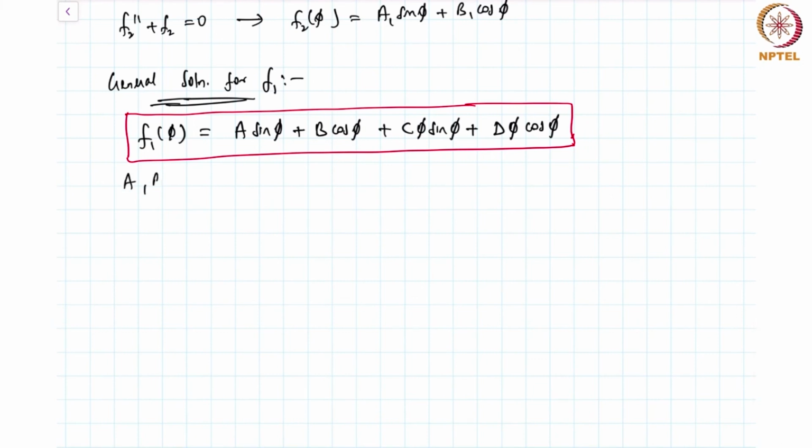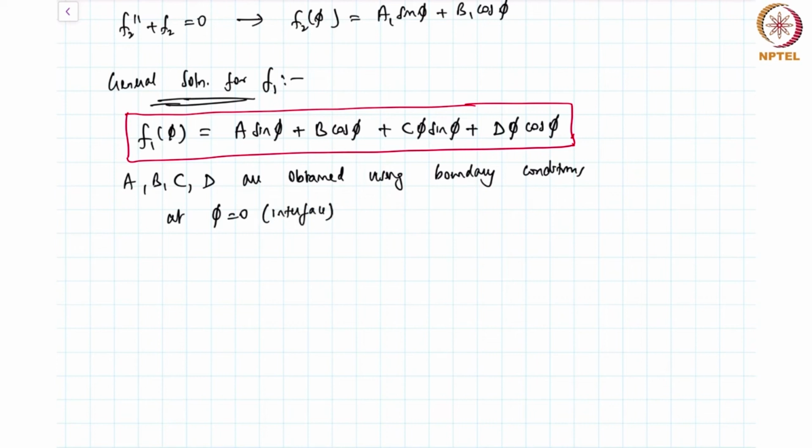A, B, C, D are obtained using boundary conditions at φ equal to 0, that's the interface, and φ equals α, that's the solid.